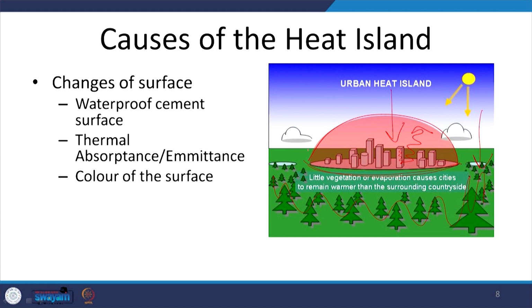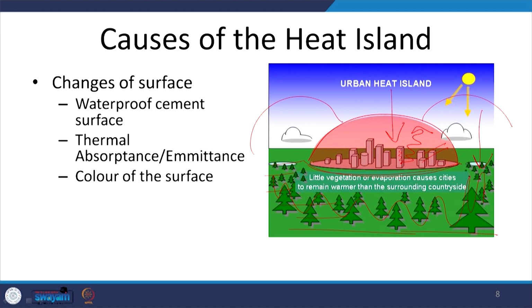Another is because of the moisture content which is not present in these built surfaces. These forests, the vegetated cover, also hold a lot of moisture, and because of this the atmosphere also holds a lot of moisture.